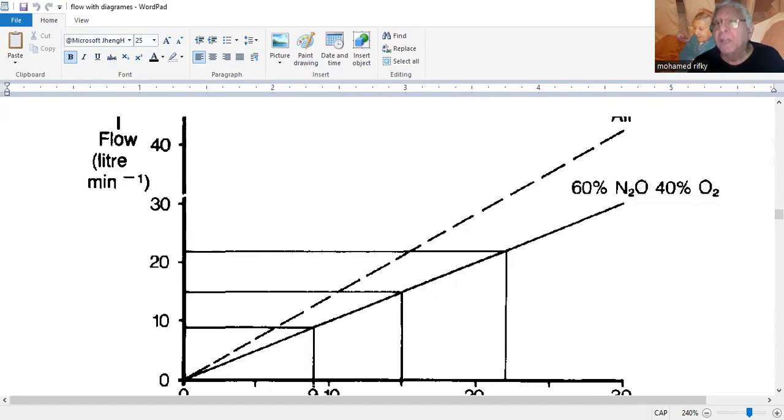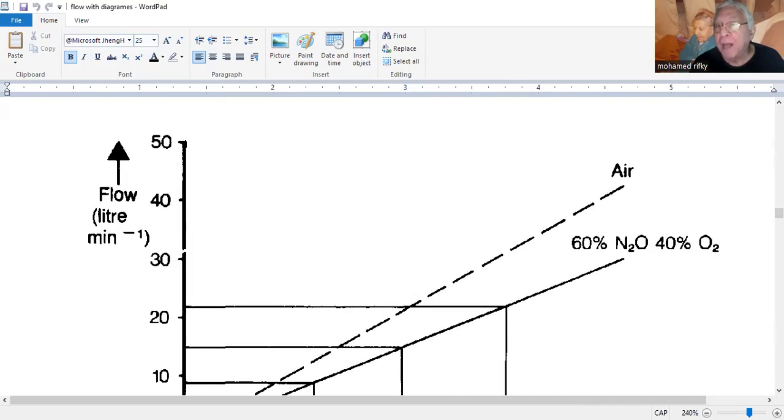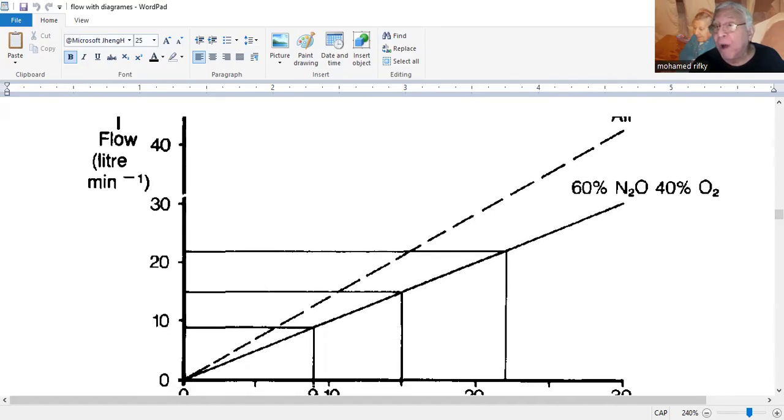In other words, for the velocity to be critical, you must have more flow. So air is much better than nitrous oxide and oxygen regarding the flow at 30. You see, this is the explanation of both of them.